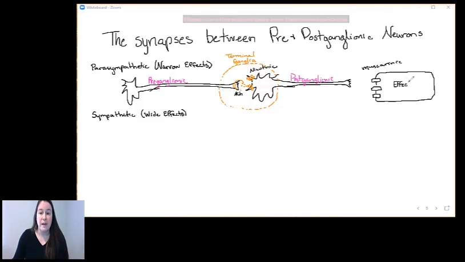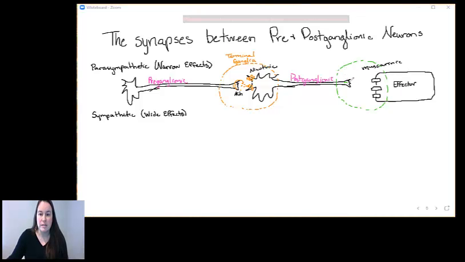And that effector cell, as part of the parasympathetic system, could be in the heart, it could be in the gut. There's a variety of tissues connected to the parasympathetic division. What this is going to do is then cause an action potential to arrive at the terminal arborizations right here in this second synapse that we're going to consider between the postganglionic neuron and the effector tissue.